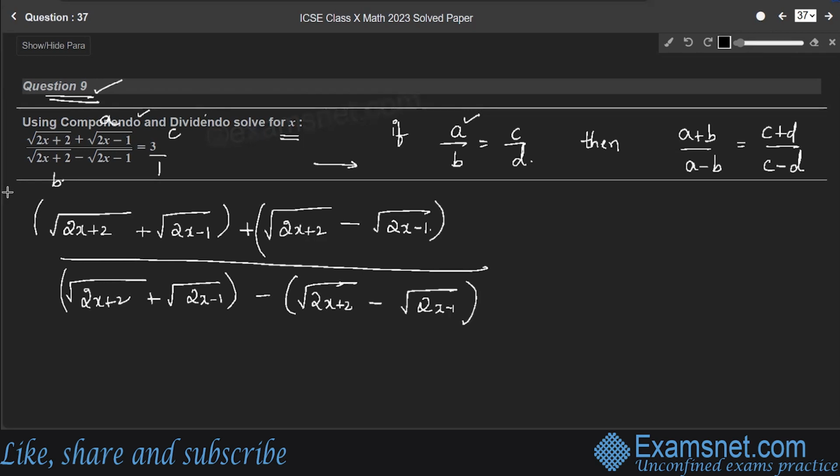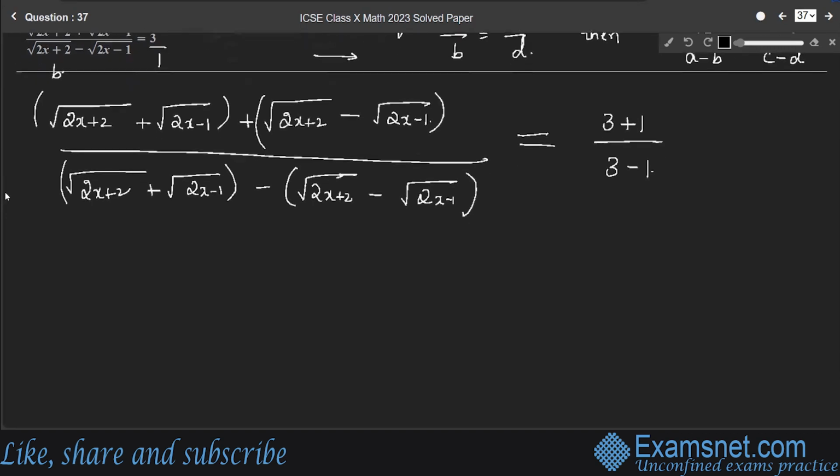Then A plus B by A minus B is equal to C plus D by C minus D, C is 3 plus D is 1 by 3 minus 1. Simplify it.